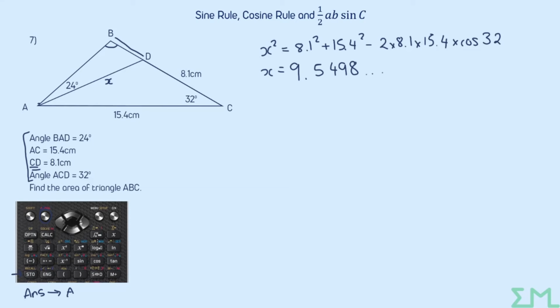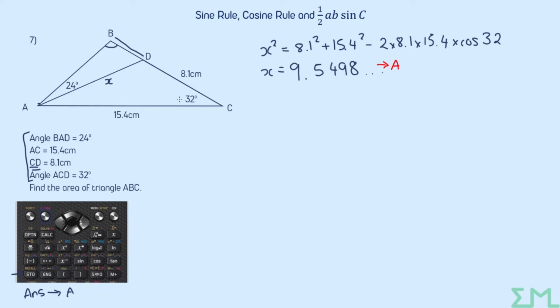You press equals, you should get that number back. So I'm going to make a note on my working here that I've stored this as A on my calculator. Now I can just put that straight back in as A in all of my working.